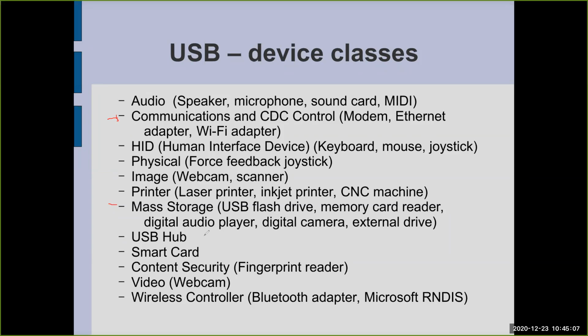There is no such class, because such a class would possess the whole bus. And here the assumption is that we have different devices and we have to share this bus among these devices. So it is impossible to have a device which takes all.